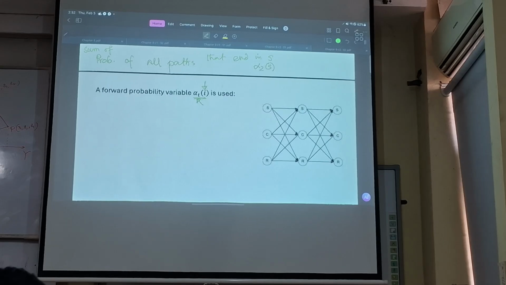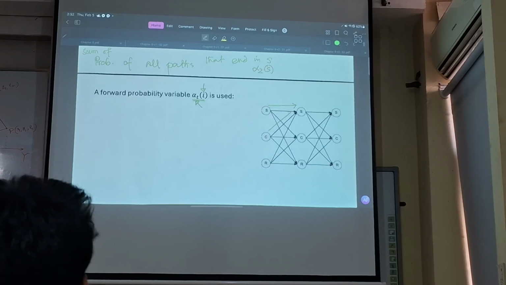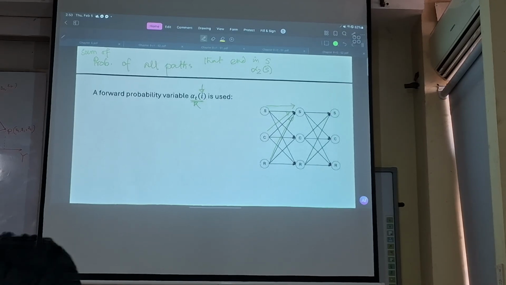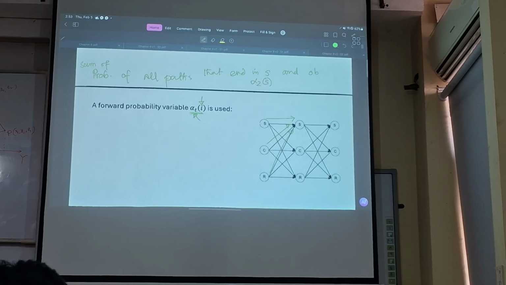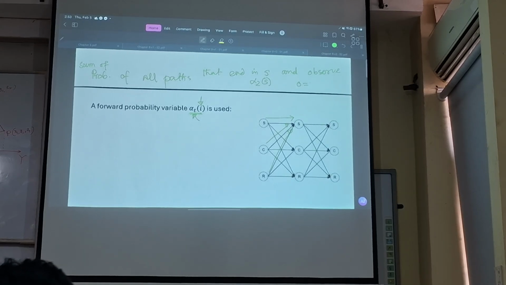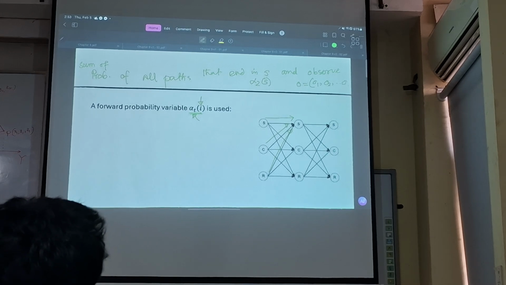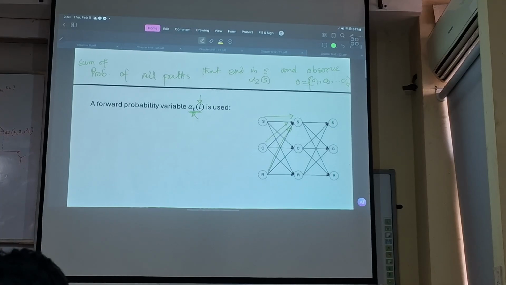How many paths are here? This one actually, this one, not only that, it has a second condition and observe up to OT. And actually its second bracket is a better example.